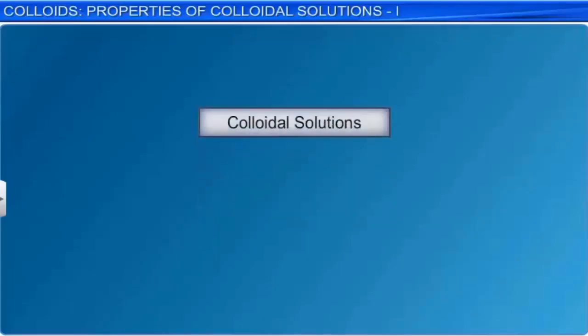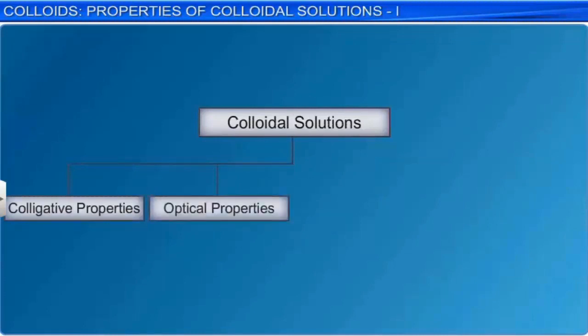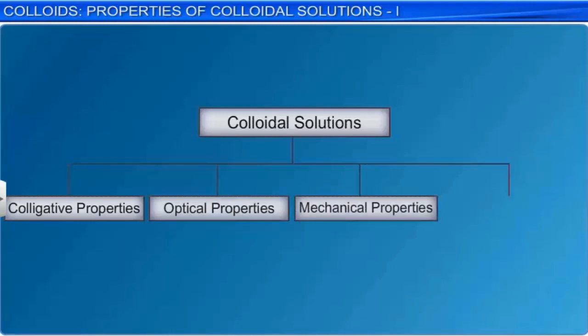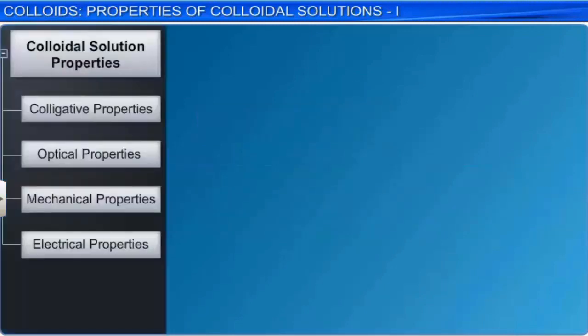The properties exhibited by colloidal solutions can be classified as colligative properties, optical properties, mechanical properties, and electrical properties. Let us first discuss their colligative properties.